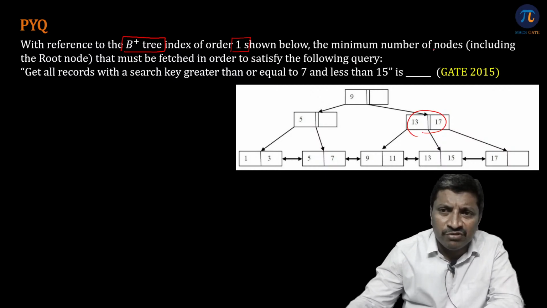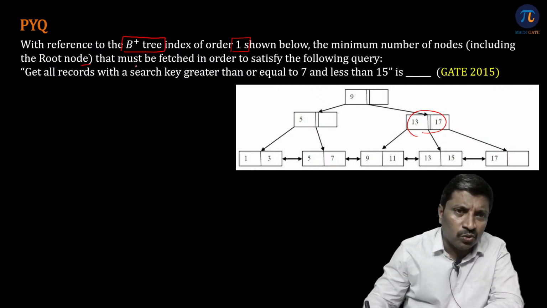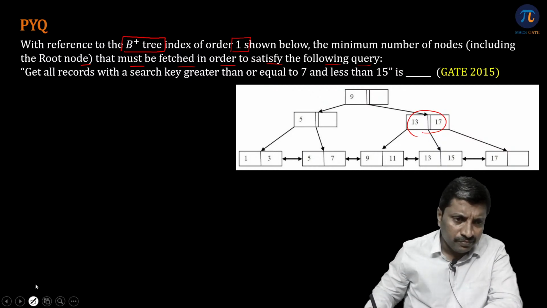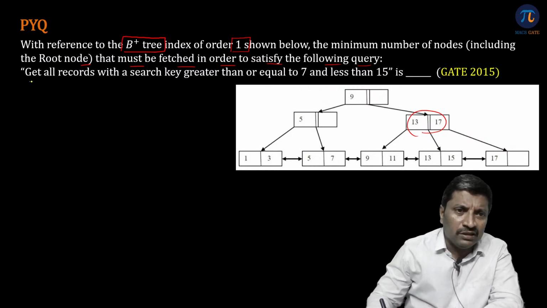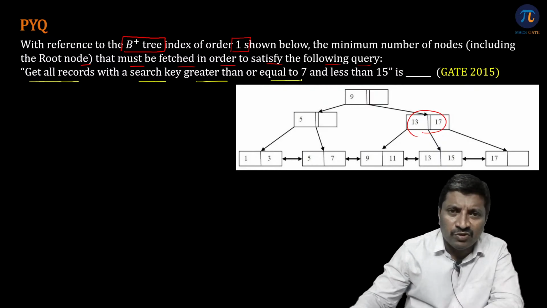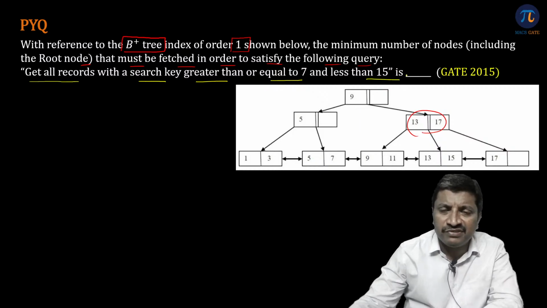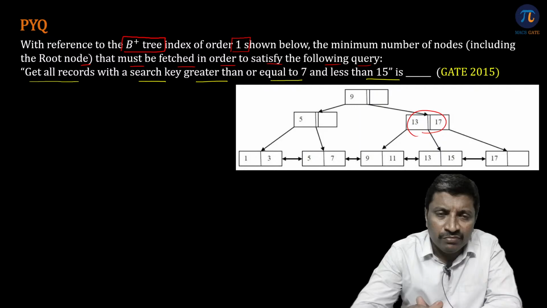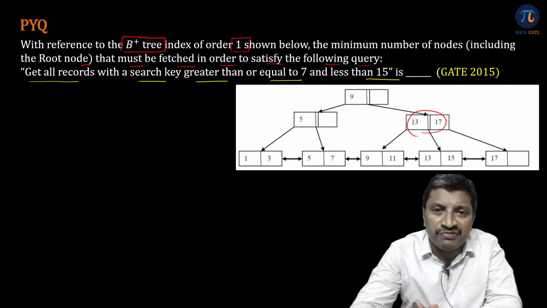The minimum number of nodes, including the root node, that must be fetched in order to satisfy the following query. What is the query, sir? Get all the records with a search key greater than or equal to 7 and less than 15. So I need to get from 7 to 15.